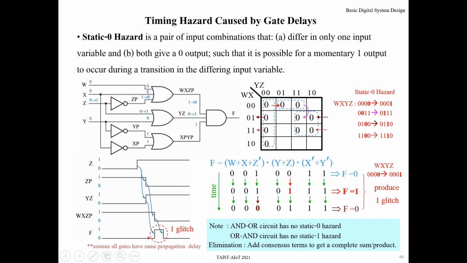Namely, some 1 glitch may occur. To prevent this, you must add this term and this term into your function.